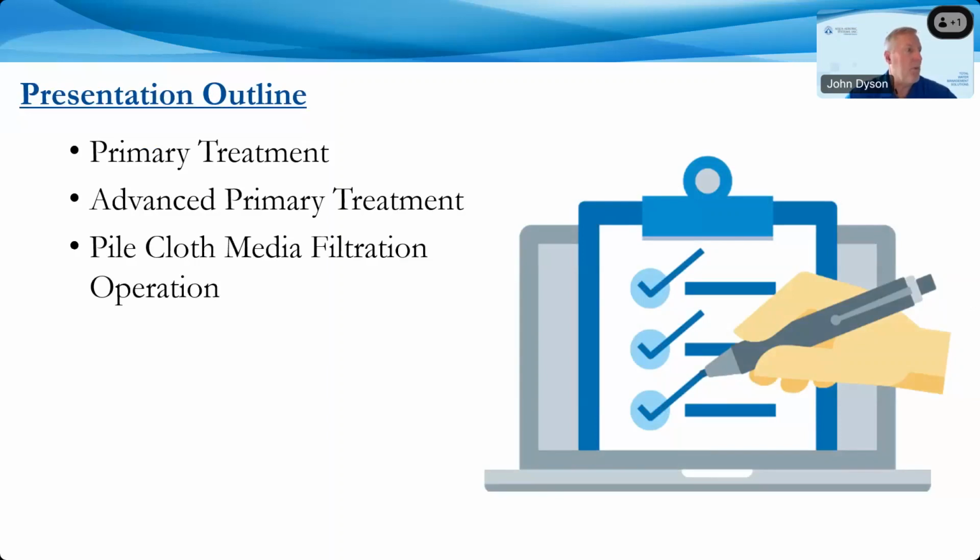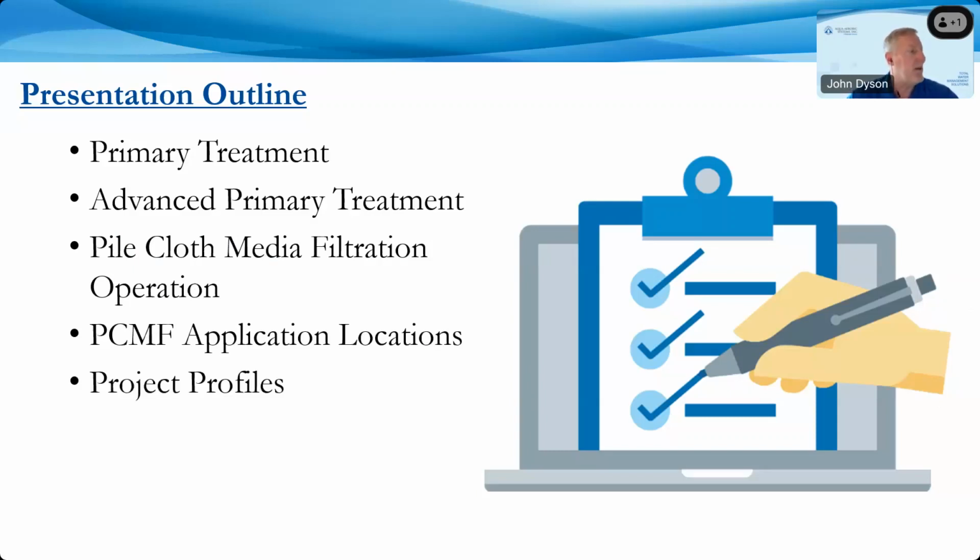The actual operation, how are we doing this with Pile Cloth Media Filtration in an application such as advanced primary influent? How you could possibly locate it within the treatment facility, and I know we're talking about primary treatment, but there are some dual capabilities and benefits due to the high quality effluent that's produced here.